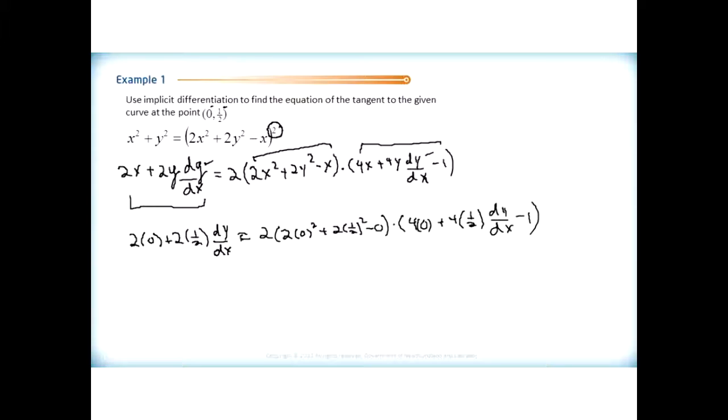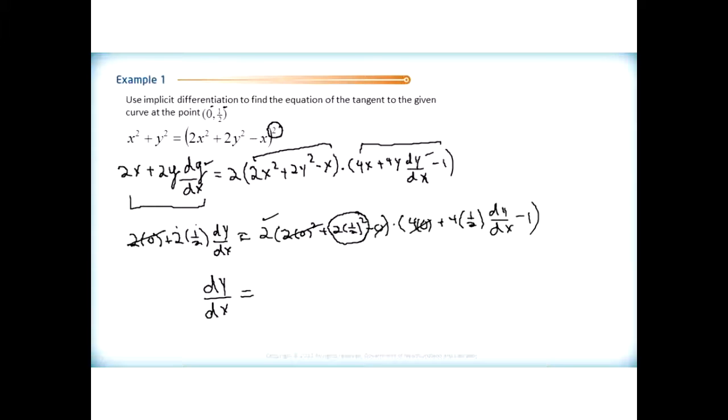And so now we'll start simplifying. 2 times 0 is 0, 2 times 0 squared is still 0, 0 is 0, and 4 times 0 is 0. So all of a sudden this is going to get really neat really fast. So 2 times 1/2 becomes 1, so my left side is just dy over dx, and that's nice. And then on the right side, inside these brackets, I have 2 times 1/2 squared, so that's going to be 2 times 1/4, which is 1/2, multiplied by another 2, which is just 1.